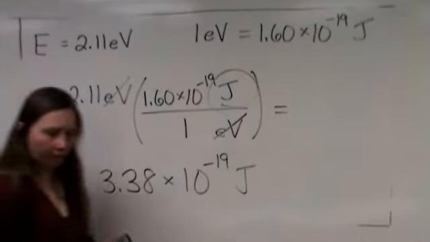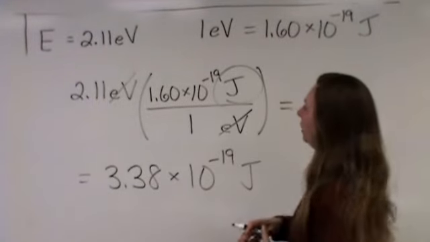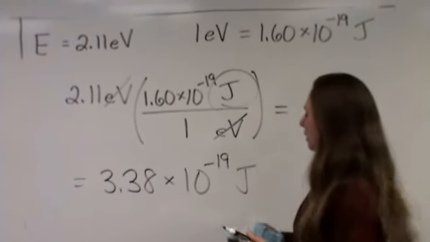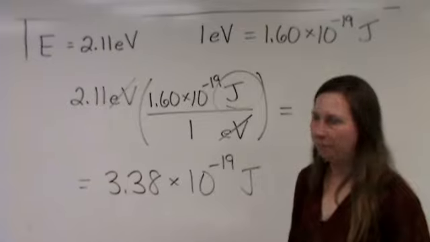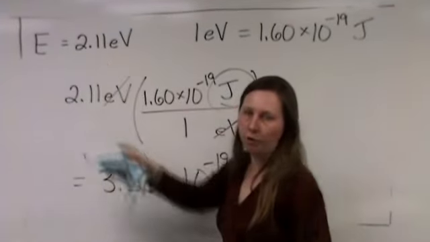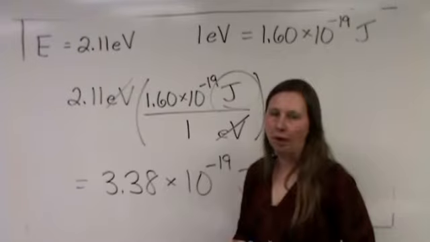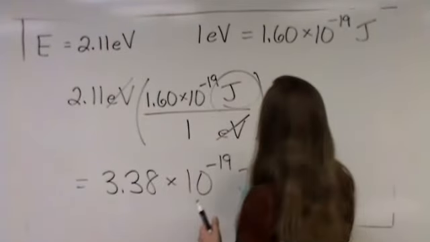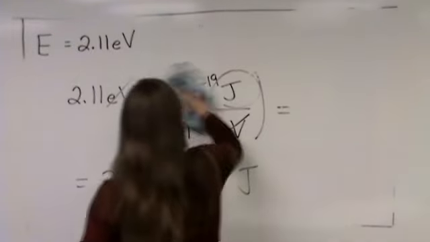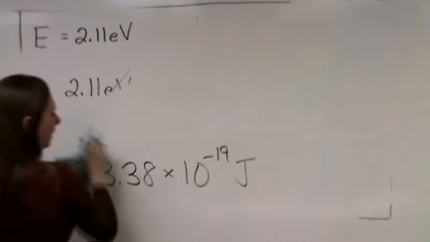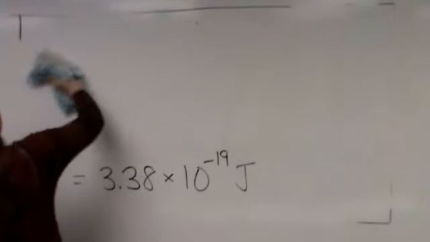All right? So, now we can use the equation to find the frequency of that photon. We were given electron volts, we converted to joules, so we could use the equation E equals hf. All right, so here we go. I'm going to leave that number down there for just a minute.